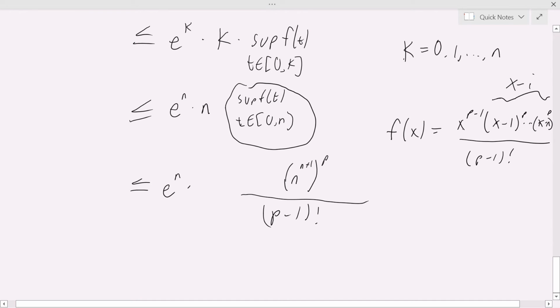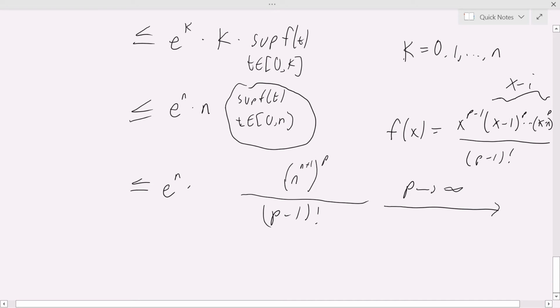Now, the reason for doing all this is that what we have here is something which is exponential in p on top over something which is a factorial of p on the bottom. So when n is a fixed number, p is the thing that's arbitrary here. And so what we do is we just let p go off to infinity.